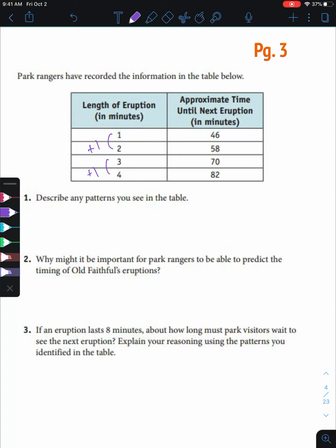In the right column, the approximate time till the next eruption, I can do 58 subtract 46 equals 12. 70 subtract 58 also equals 12. So this increases by 12 each time.